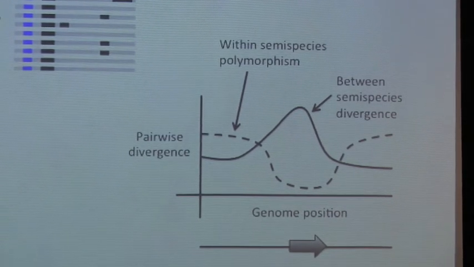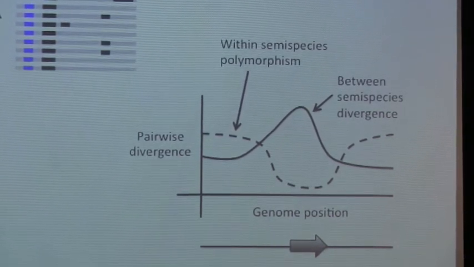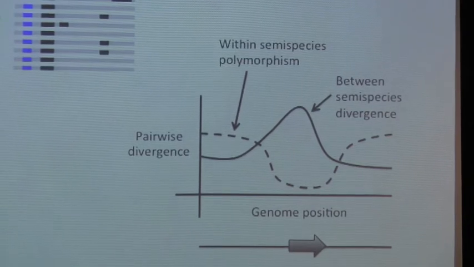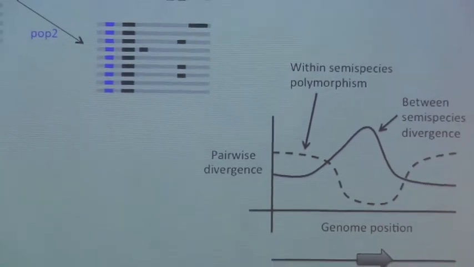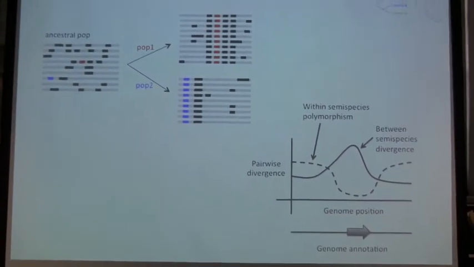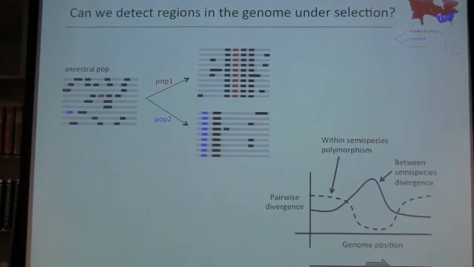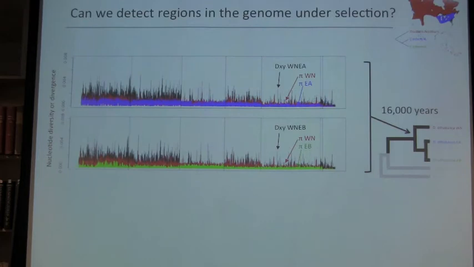And if you're lucky, you might look in your genome annotation and see what's actually underneath this peak, and maybe there's a gene there that could be responsible for something that's driving the speciation event in your species. So I made this plot, the plot in the lower right, across the entire genome for all pairwise semi-species comparisons. This is the older time point, the 16,000 year time point.